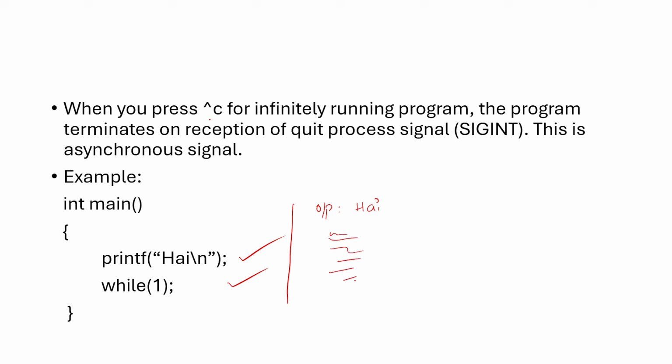But if you press Ctrl C, what will happen? The code will terminate, right? So Ctrl C is also one signal. We don't know when the user will press Ctrl C. So that's why it comes under asynchronous.